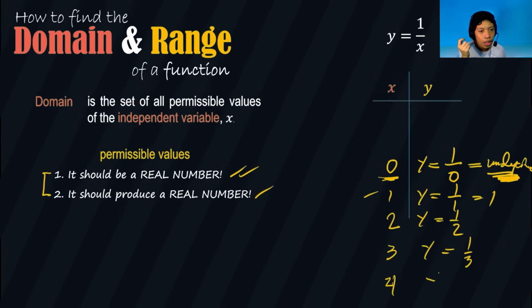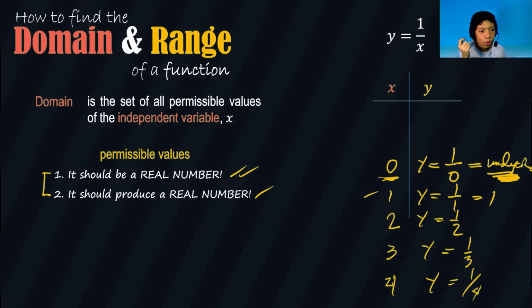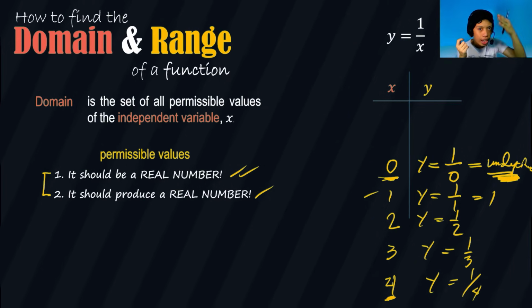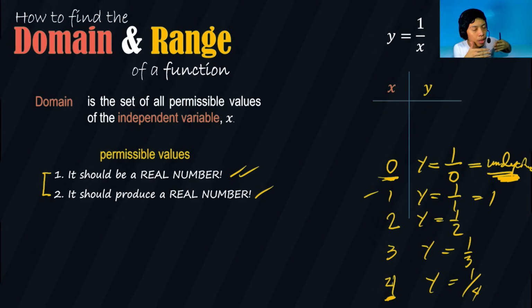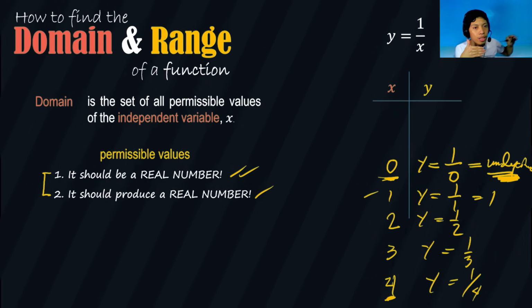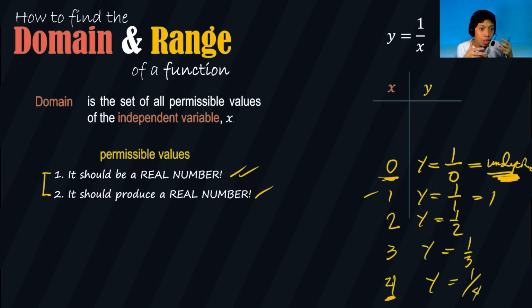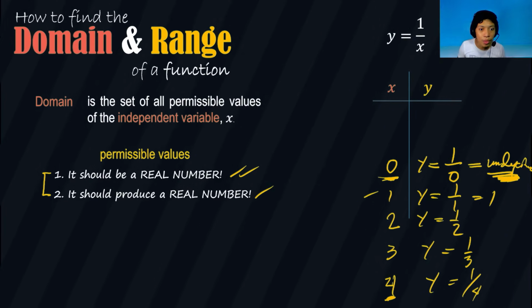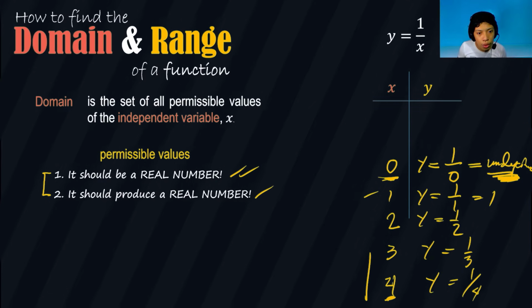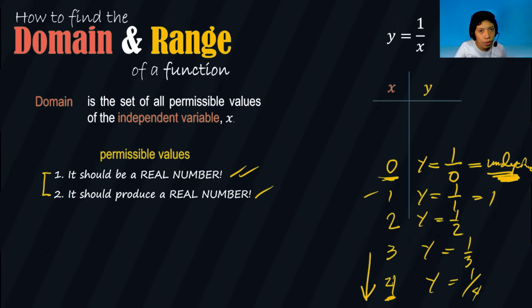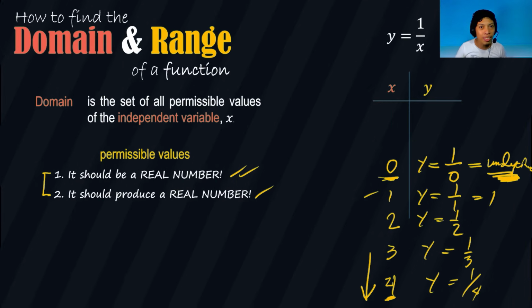If this is 4, y is equal to 1/4. Okay? As the number in x increases, the number in y decreases, but it is always a real number. So ibig sabihin, if this goes on forever, the resulting value of y is still a real number.